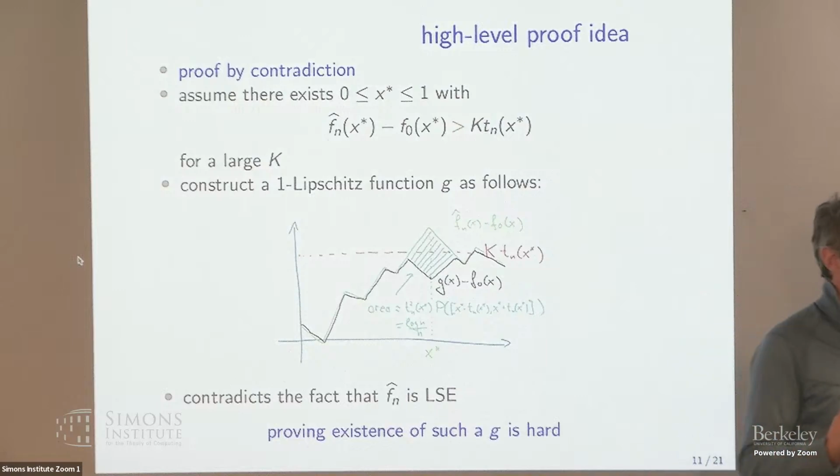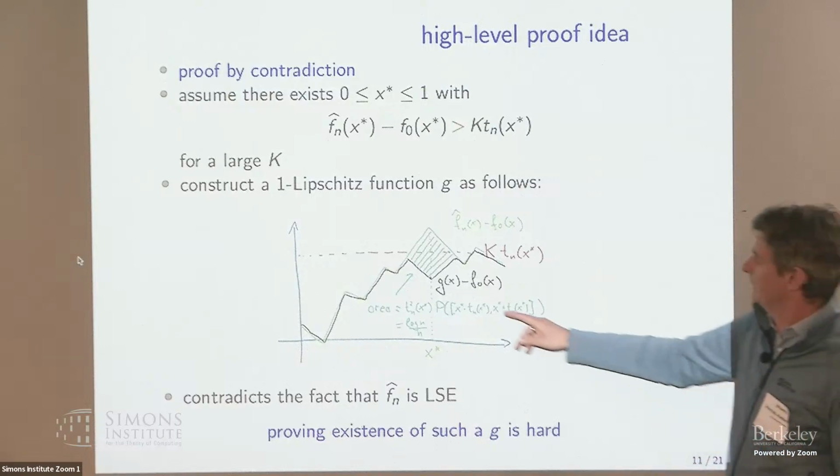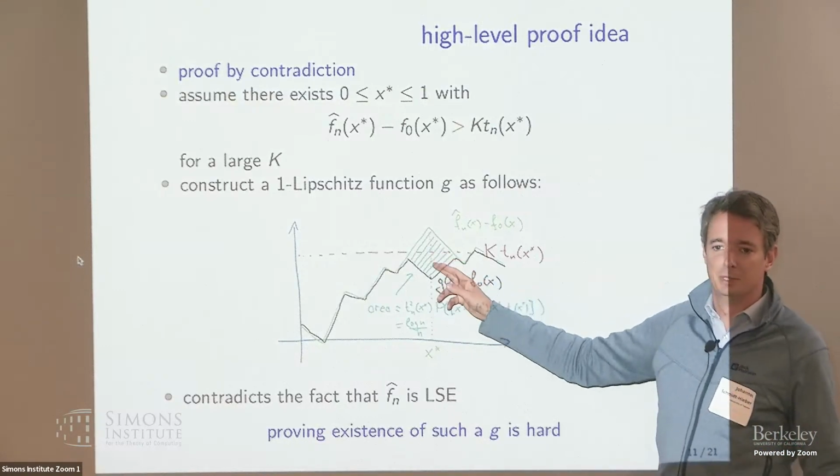But now we also want this to be uniform over 0, 1. So we have to do that for lots of little intervals, and that gives us in the end the log factor. And because we have the lower bound, this shows it is unavoidable. So we need a point here with very high probability, right?